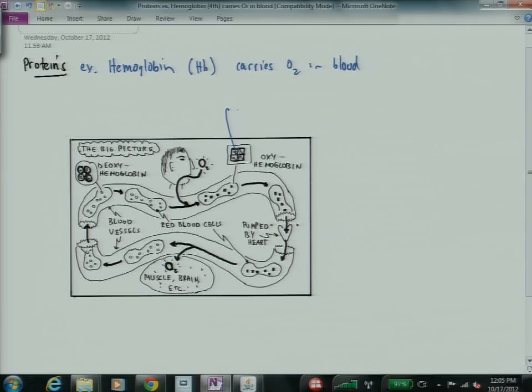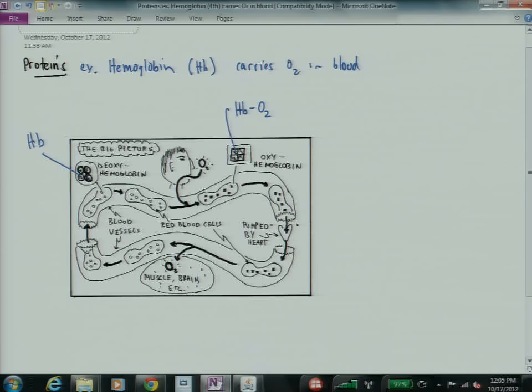And the idea is that when you breathe in, it picks up oxygen in the air, air goes into your lungs, and the oxygen from the air is exchanged by your lungs into your bloodstream, and then dropped off into your tissues.